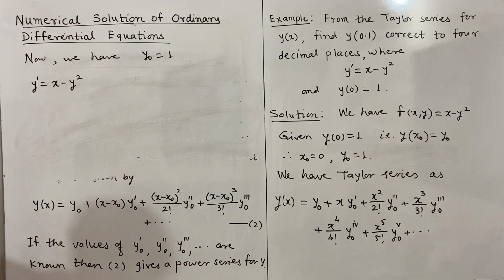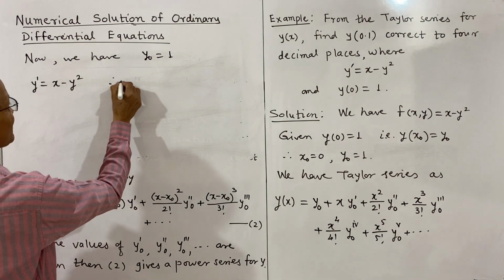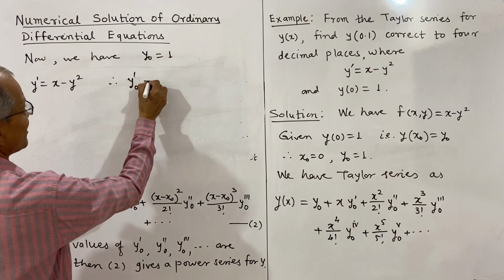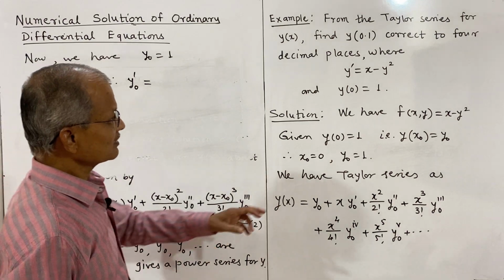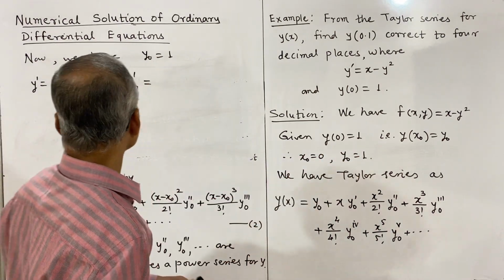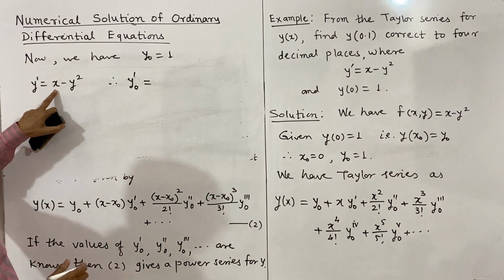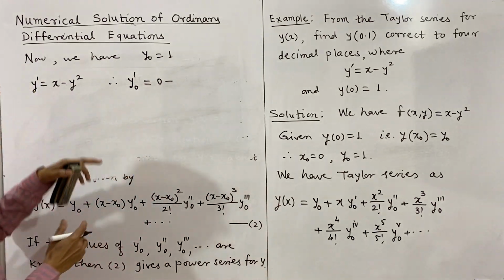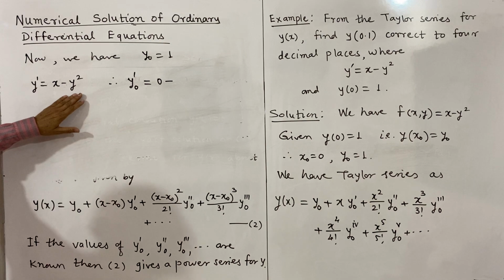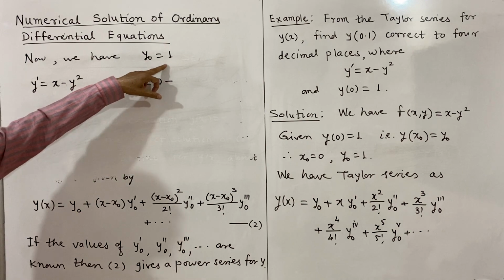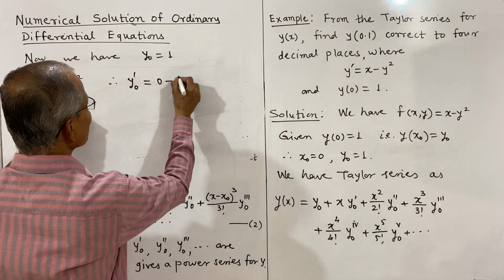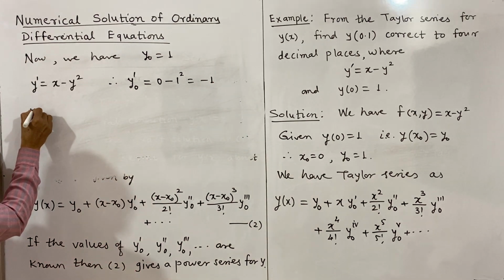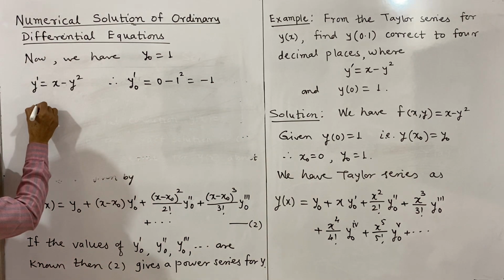is given as x minus y square, and therefore this will be y dash at x is equal to x naught, where x naught is 0, and therefore this value is 0 minus y, which is now y naught. At the initial point we have to use the values, and that is 1. So it is 0 minus 1 square, which is minus 1. And next is y double dash.